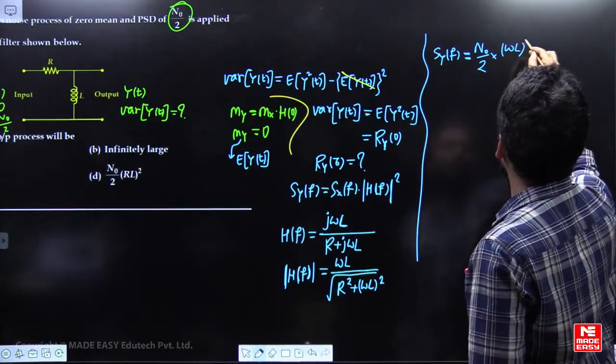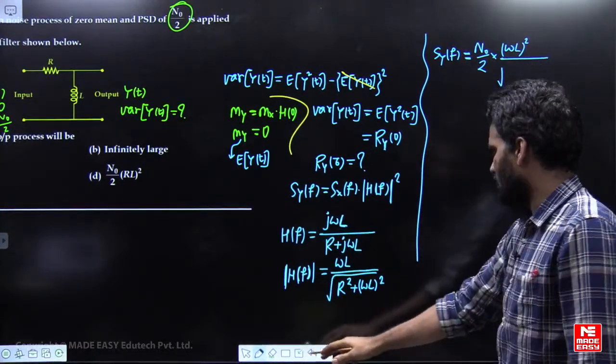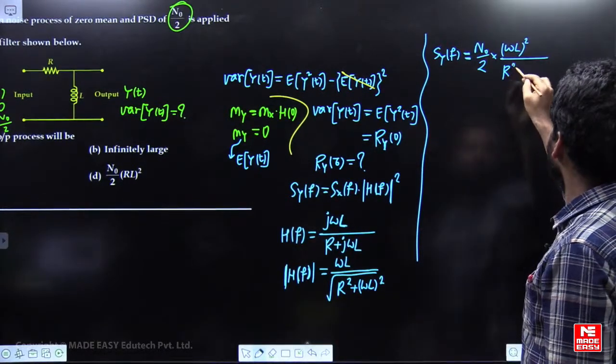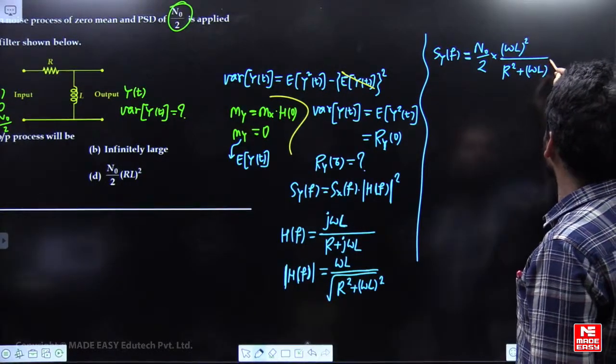it is omega L square upon R square plus omega L square.